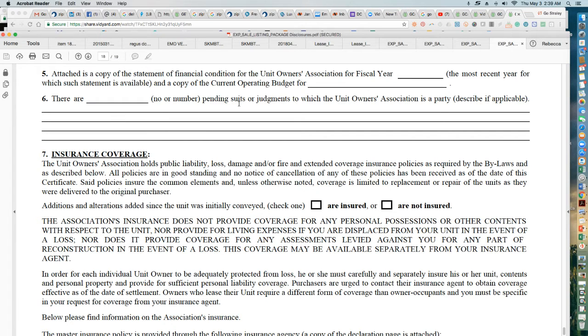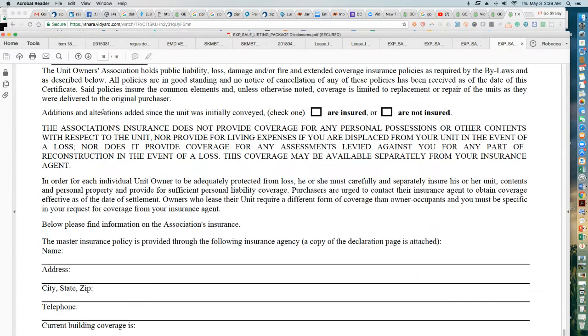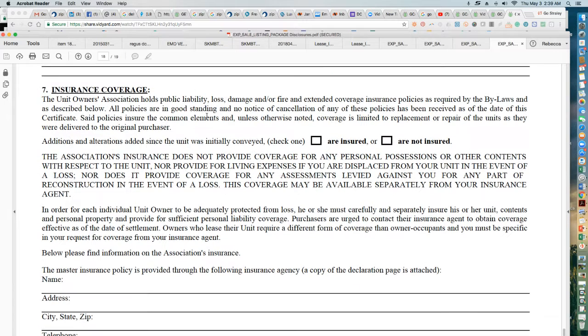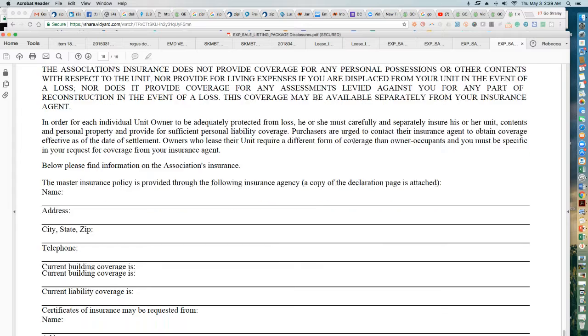There are lawsuits possibly pending to which the Unit Owners Association is a party, and they describe those here. Additions and alterations added since the unit was initially conveyed are insured or are not insured. We want to make sure that we know that.